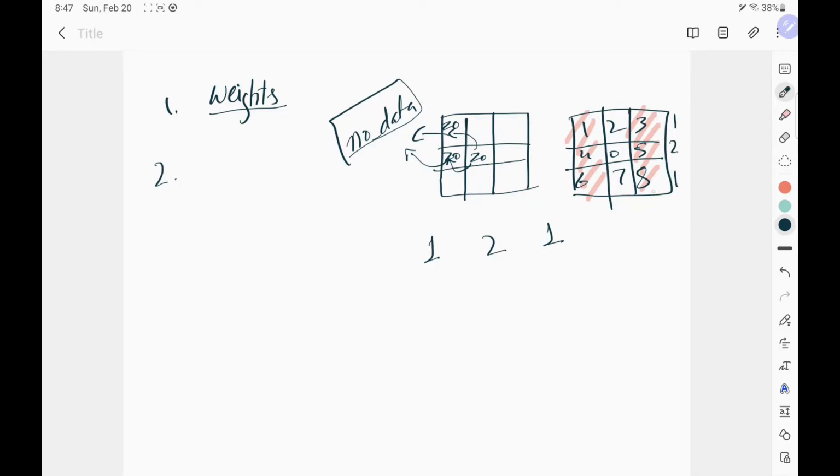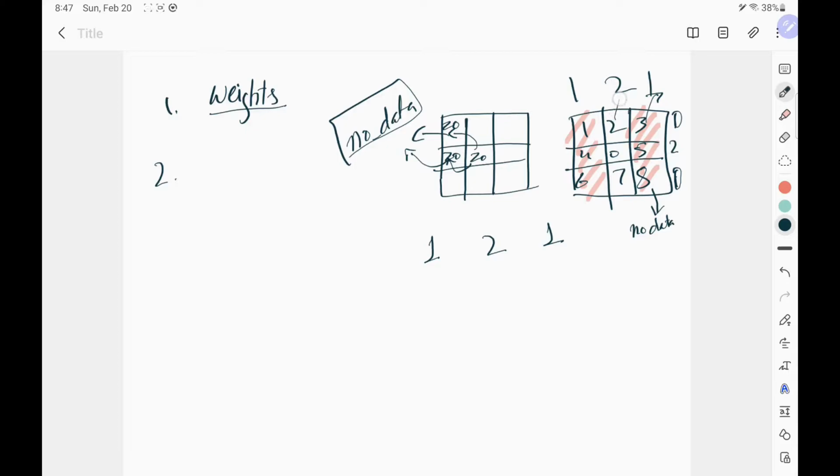Now let's say the value in this cell is no data, then this weight will become 0. If you have no data in 3, this cell will become 0. If you have no data here, this will also be 1 2 1.